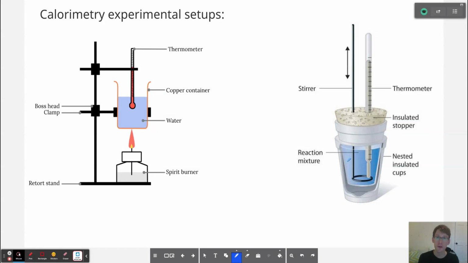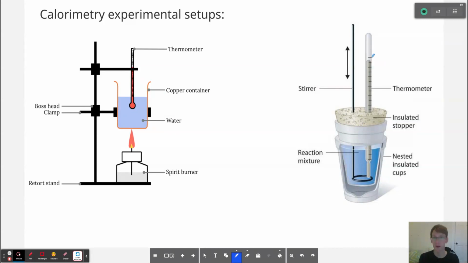Over here, we have another type of calorimetry setup. If you have, for example, some water and you are conducting a reaction in it, when you add something in that causes the reaction to occur and then immediately cover the coffee cup calorimeter that this is, you can see that there's going to be an initial temperature, and the temperature will rise as heat is released by the reaction mixture.